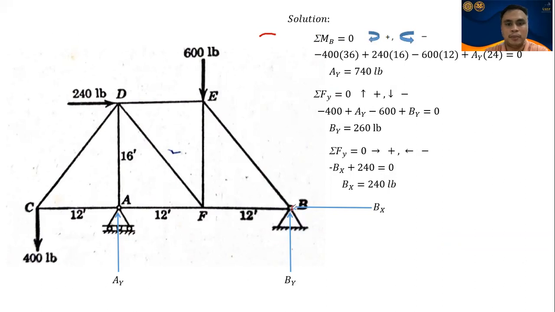So, when we take moment at point B, class, the forces B sub X and B sub Y cancel out, because they have no perpendicular distance to moment center B. Okay, so negative 400 times 36, negative 400 with a perpendicular distance of 12 plus 12 plus 12 is 36, and the force acting at point D, class, of 240 pounds has a perpendicular distance of 16 feet. So minus 600 times 12.